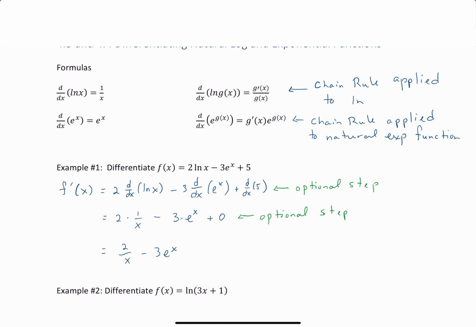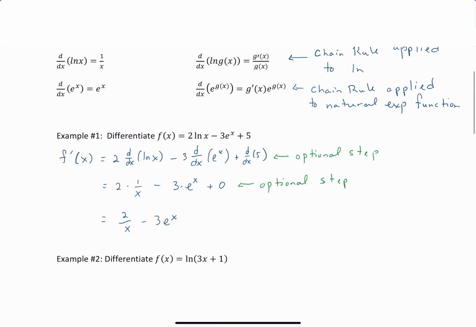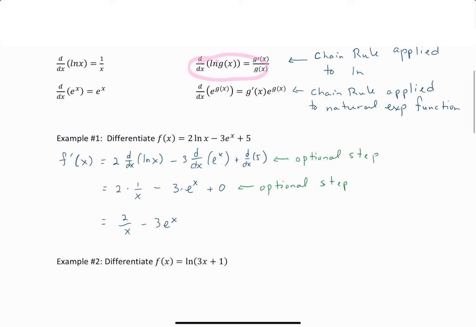Let's try one now where the input to the log function is not just a plain old x. The input to the log function here is a whole function of x. So for that, we're going to need the chain rule as applied to the log function. And that says, put the input of the log function down below, and on top, you're going to put the derivative of the input.